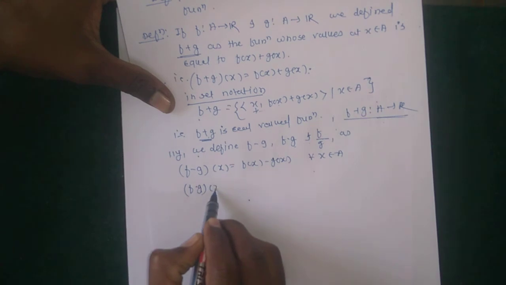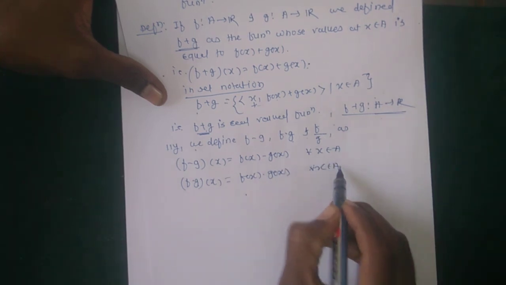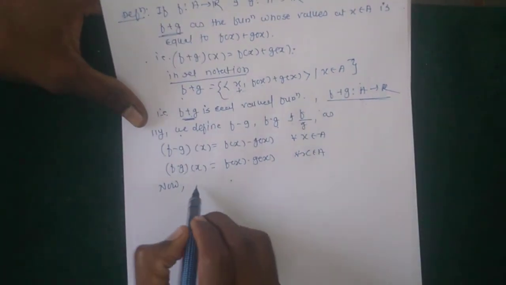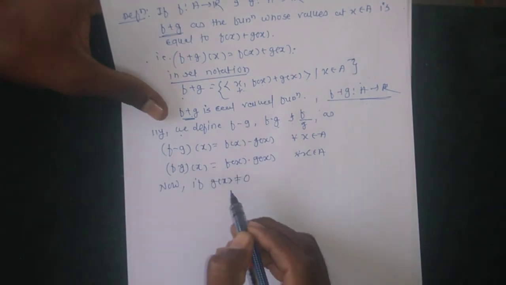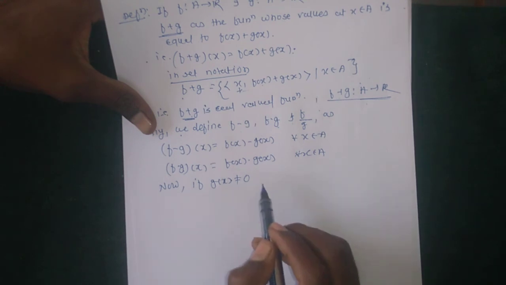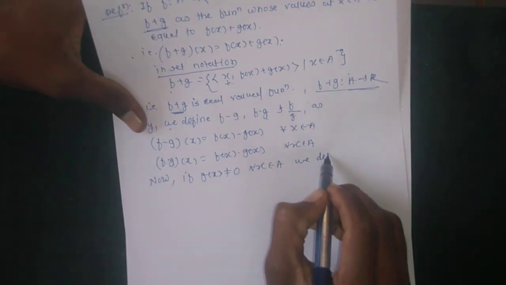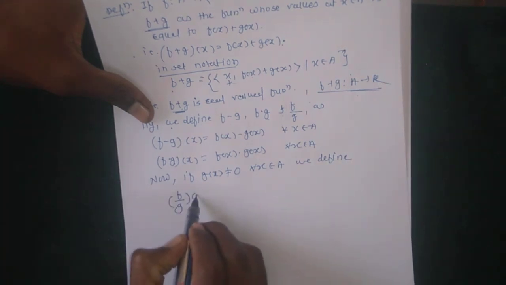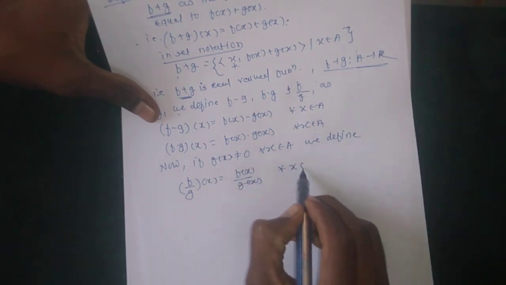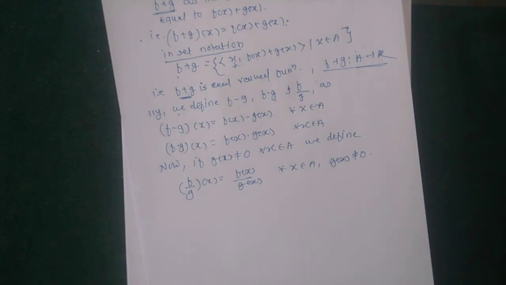Then the multiplication of two functions is f of x times g of x for all x belonging to A. Similarly, lastly, the division of two real valued functions has only one condition: g of x is not equal to 0 for each element of A. Then we define f by g of x is equal to f of x divided by g of x for all x belonging to A, and the condition is g of x is not equal to 0.